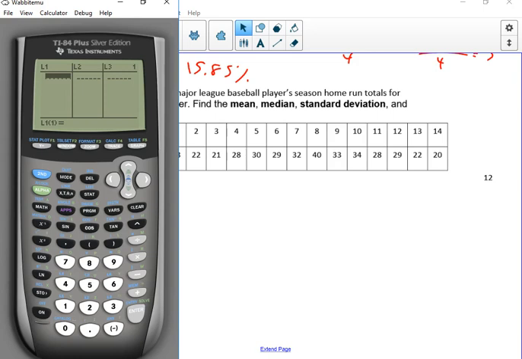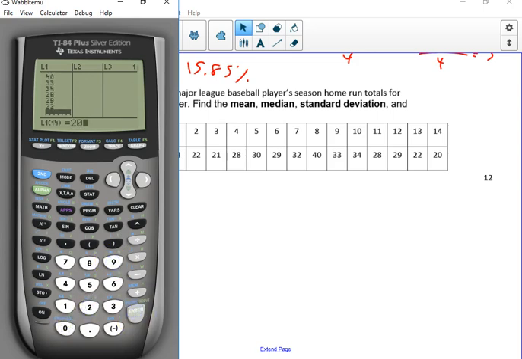Now all I'm going to do is put these numbers in: 18, 22, 21, 28, 30, 29, 32, 40, 33, 34, 28, 29, 22, and 20.